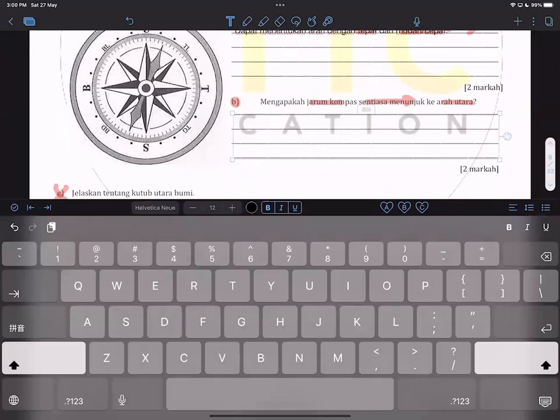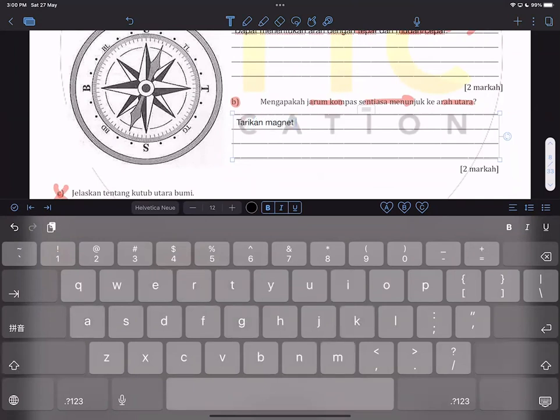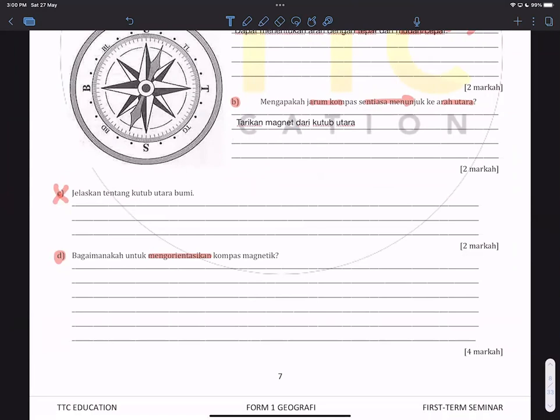So mengapakah jarum, you can try to huraikan like tarikan magnet, which means the magnetic force. Tarik, kutub utara. So mengapa jarum kompas sentiasa merujuk kerana tarikan magnet dari kutub utara. That's it. I forgot to write down kerana, maybe you guys can just ignore kerana. Tarikan magnet from the north pole.